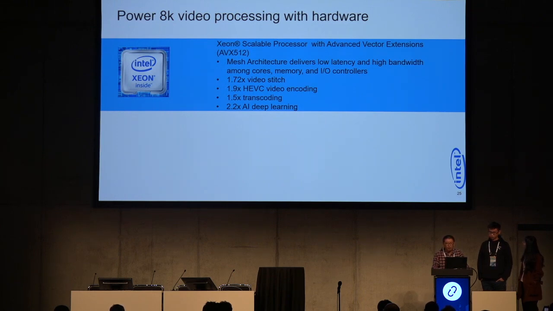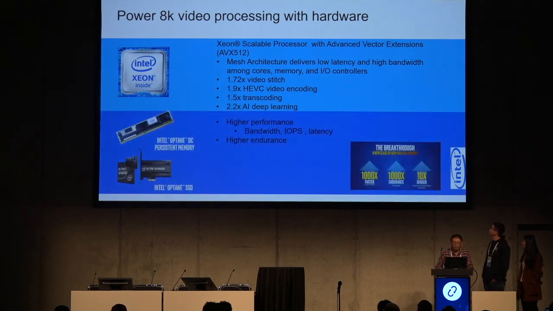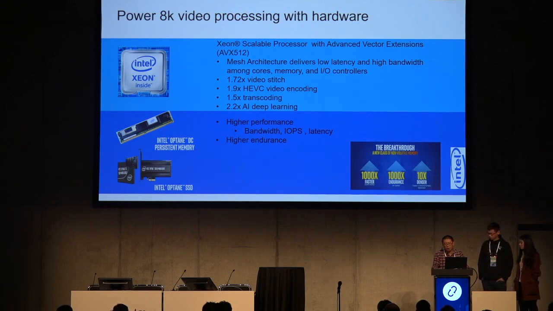Thus, performance of video stitching, encoding, and transcoding will be greatly improved. This is the Optane family, including DC persistent memory and SSD. They are high performance in bandwidth, IOPS, and latency. You can see it's faster, with more endurance, and denser than conventional storage media.